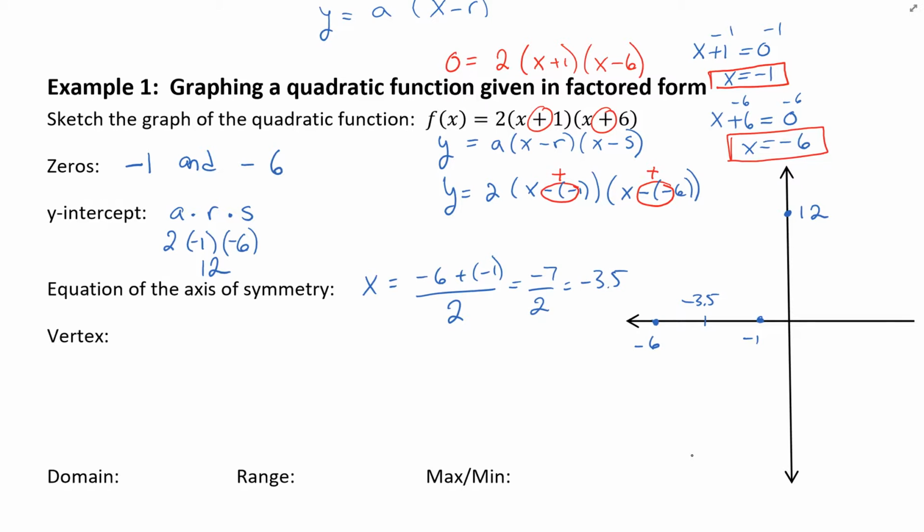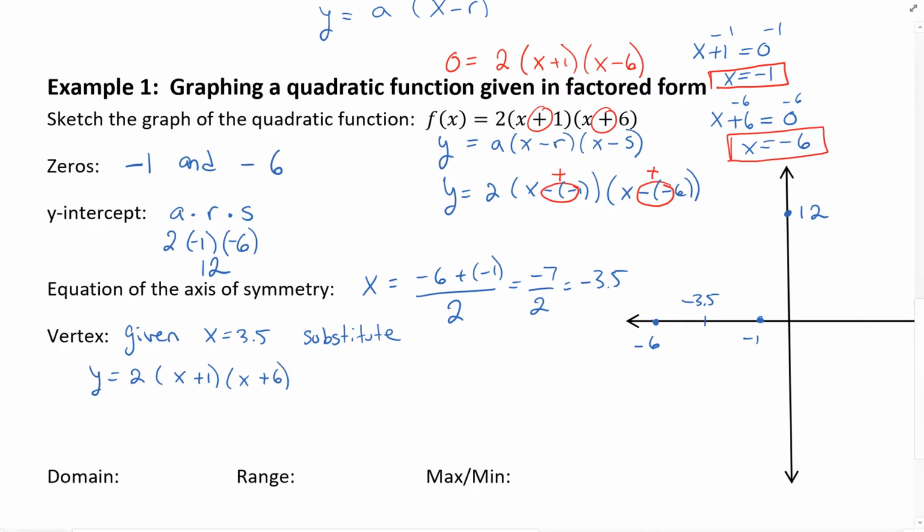So how do we figure out our vertex? Well, given x is equal to negative 3.5 from the axis of symmetry, substitute into your equation. So our equation is y is equal to 2x plus 1 x plus 6.